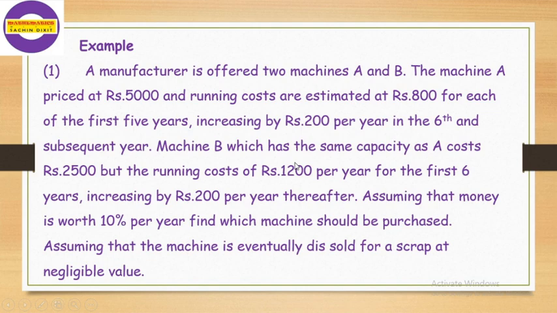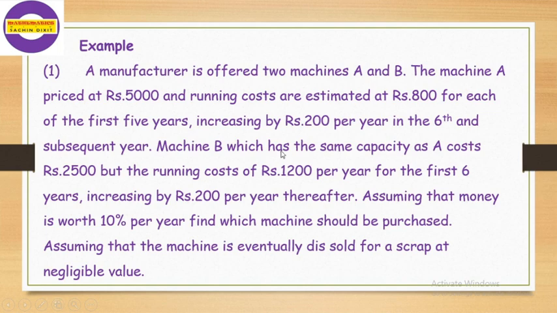Machine B, which has the same capacity as A, costs rupees 2,500 but has running costs of rupees 1,200 per year for the first 6 years, increasing by rupees 200 per year thereafter.